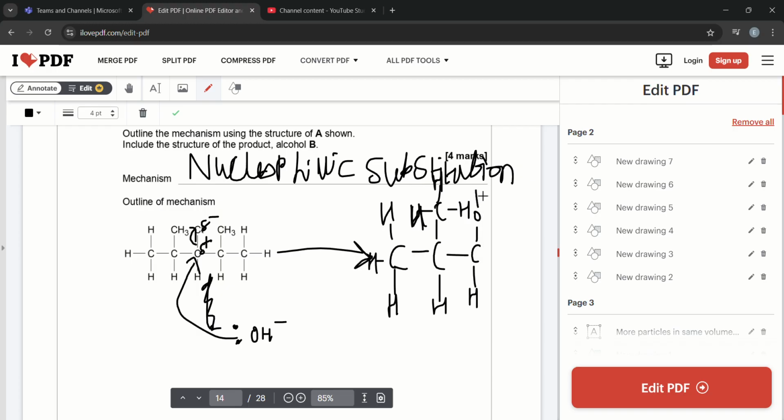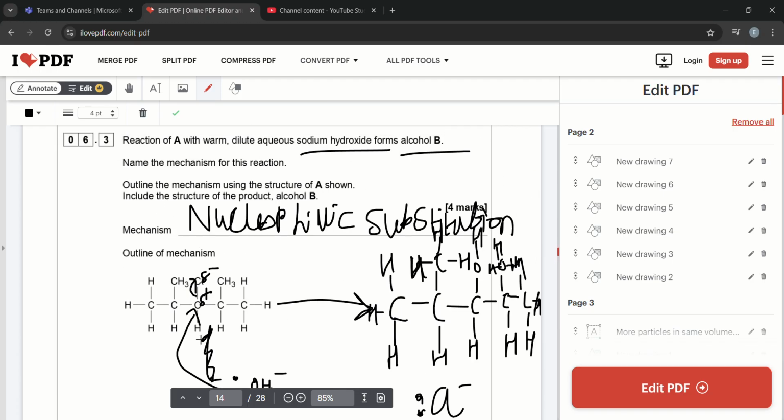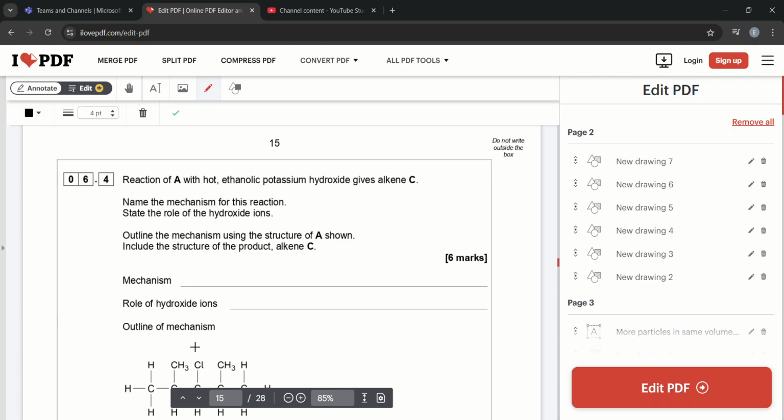OH and then the CH, the CH3 and the other CH3 and another CH3. I also like to show that the chlorine has left with a negative charge and still has a lone pair of electrons, but it's not necessary. Pretty simple mechanism.